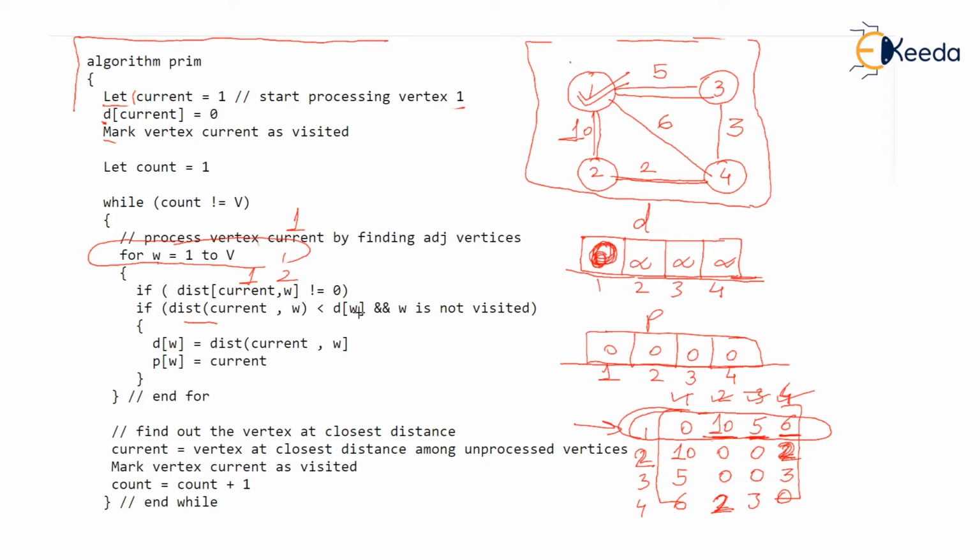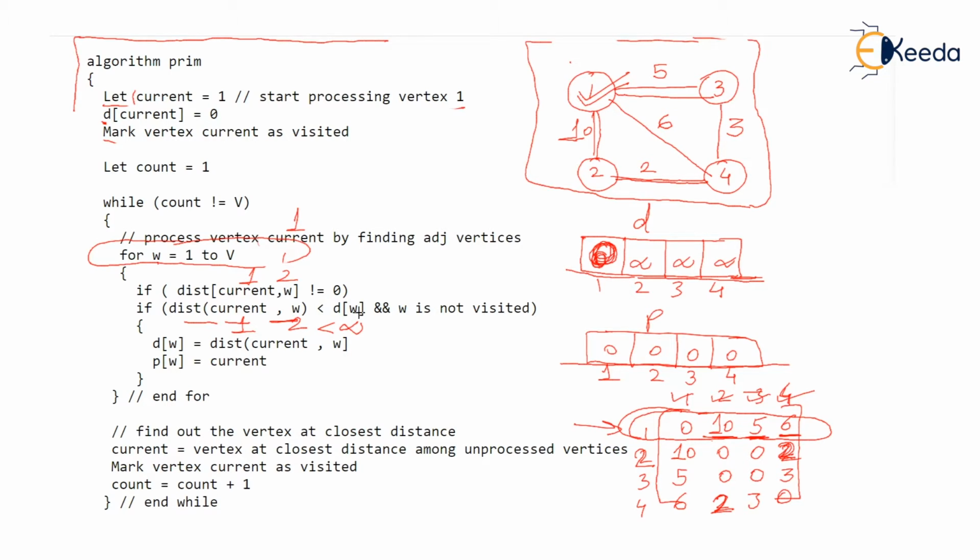What is the distance between current and W? Now you see, the distance between 1 and 2 is 10. Distance between 1 and 2 is 10. The dist matrix tells us. Is it less than dW? Now dW is infinity. All the elements of the D array are infinity except D1. So this condition happens to be true.